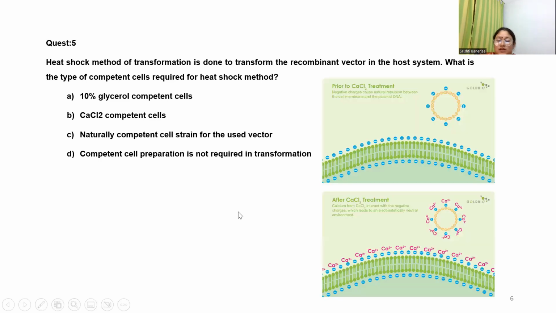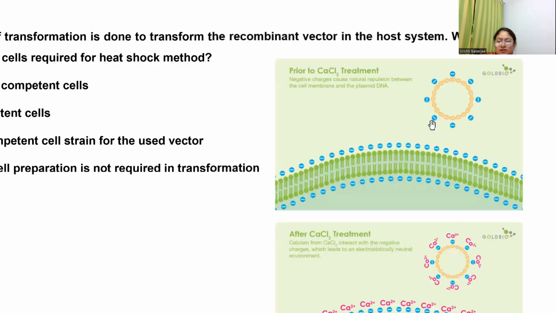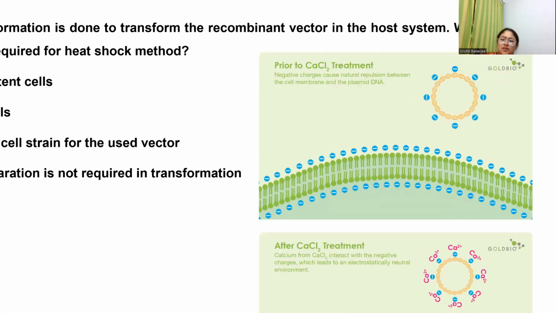Okay, so let's see the process of the heat shock and calcium chloride method, how it happens. If I slightly zoom this, I hope it's visible. We know that DNA is negatively charged because of its phosphate backbone, right?